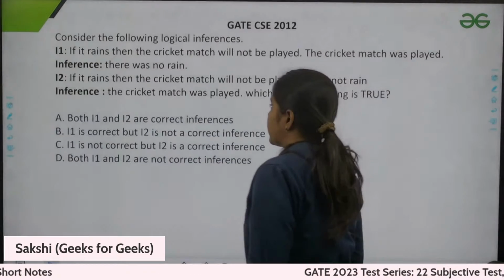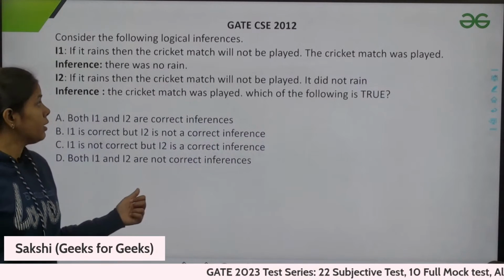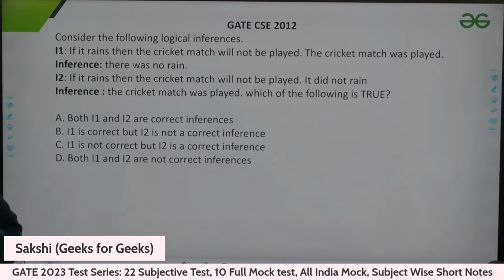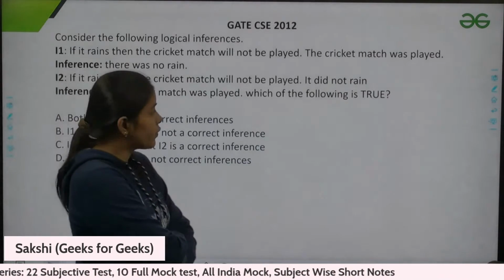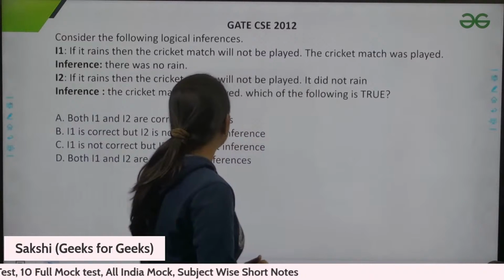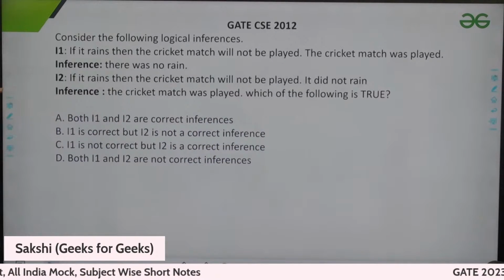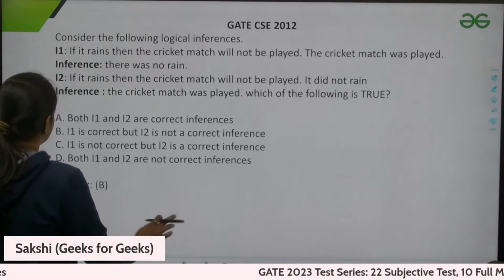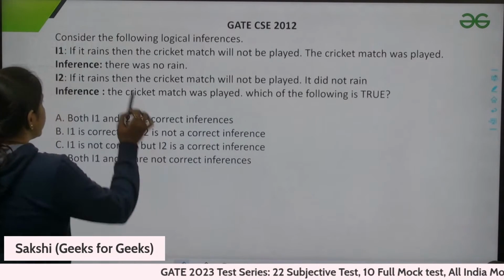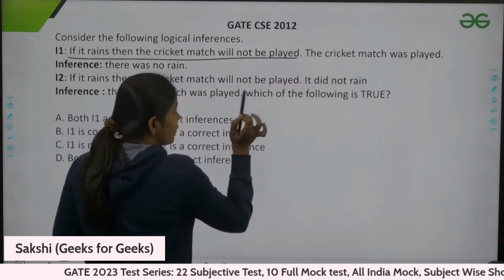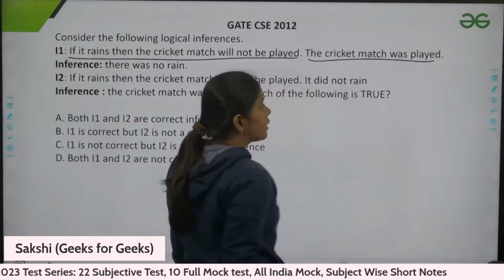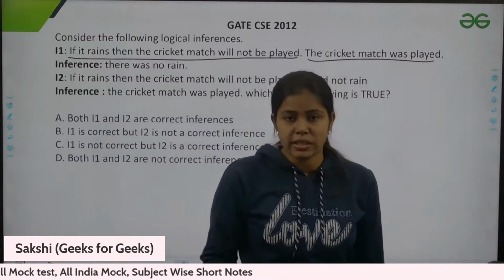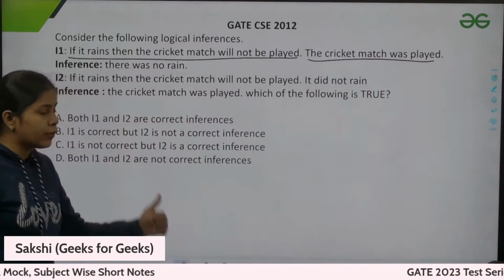Okay, so let's see. It says: consider the following logical inferences. I1 statement says: if it rains, then the cricket match will not be played. The cricket match was played. Inference: there was no rain. So we have two premises and a conclusion that there was no rain.